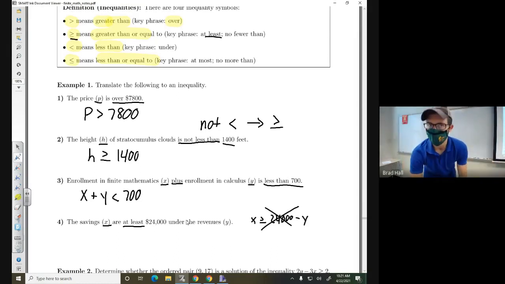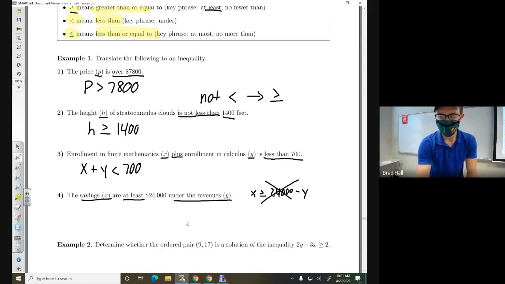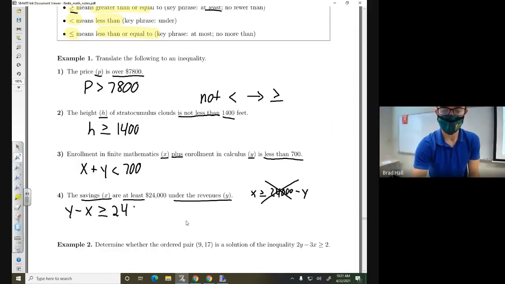Really what it's saying is that the savings are under the revenues, and their difference is at least 24,000. Again, kind of tricky.